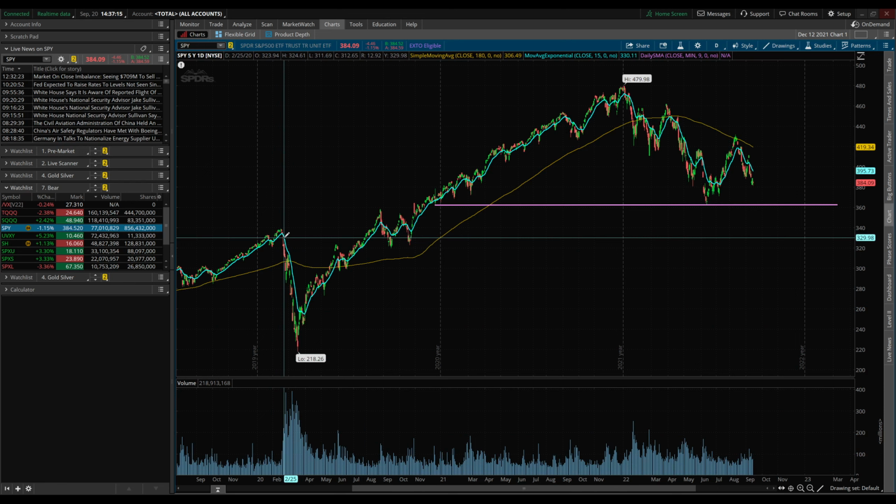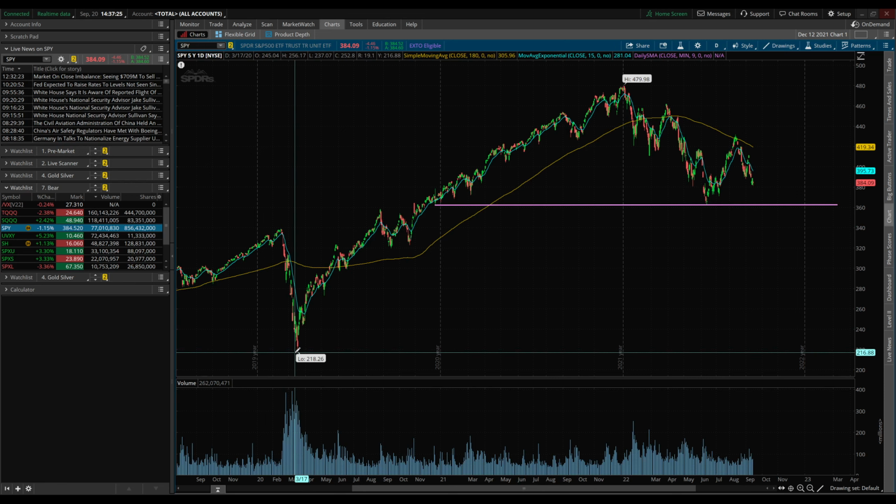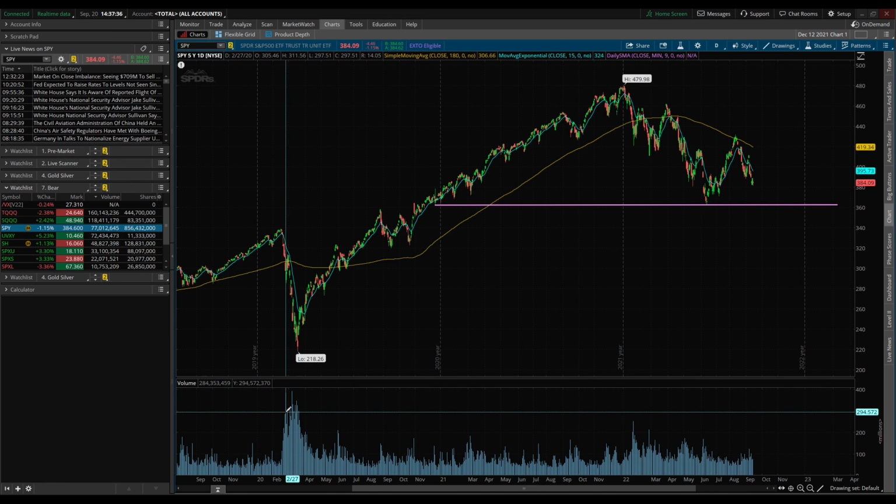So the economy basically collapsed. The S&P 500 was around 330 or 338, all the way down to 215, which is approximately a 40% drop, or 40 to 50, but it's big.